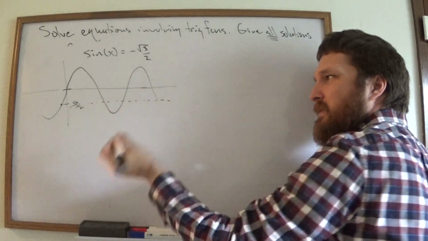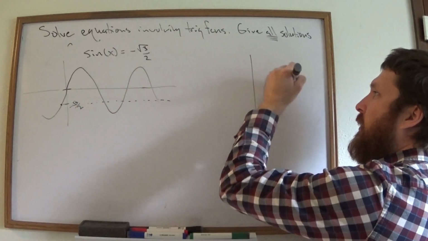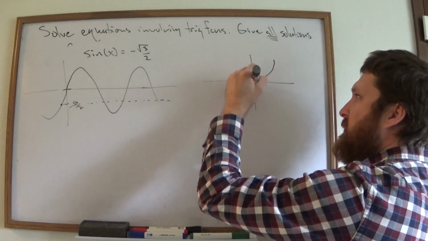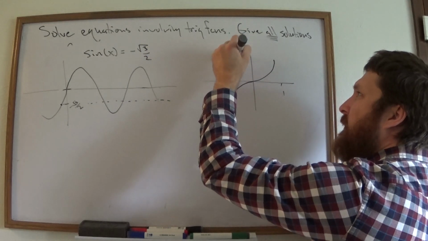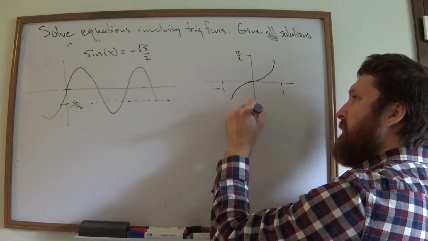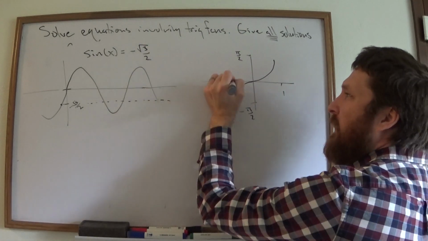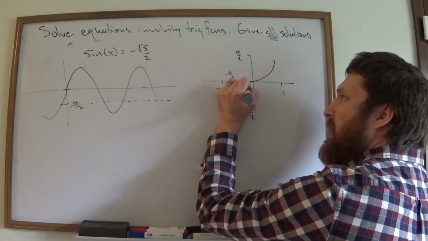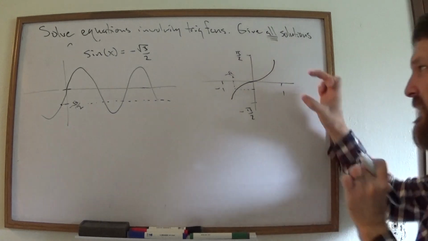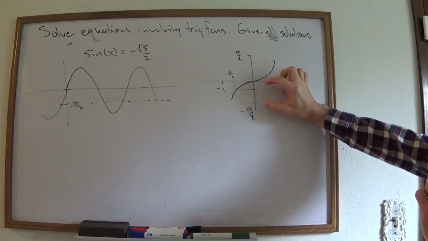domain. What I'm saying in particular is arc sine looks like this. It goes from -1 up to 1, up to pi over 2, down to -pi over 2. And when I plug in -√3 over 2, it gives me back this answer that's between 0 and -pi over 2.